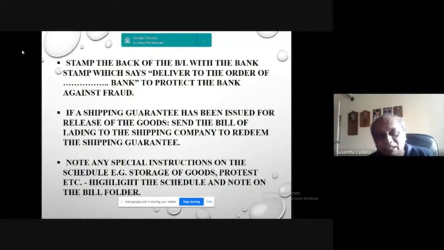Now, if we give it to the customer, the BL has been endorsed to deliver to the order of the bank. Can they take the goods from the customs? Because the BL has been endorsed to the bank. That was a question I asked. Can they take delivery of goods?